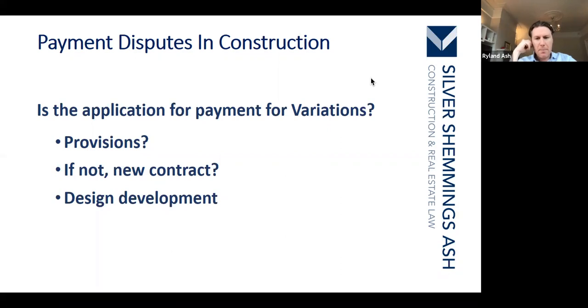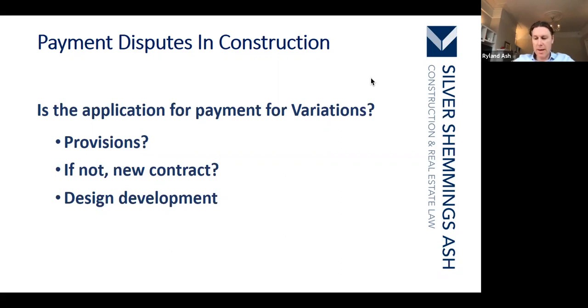So if you have got variation provisions, then obviously you start with the definition of what a variation is, and we'll look at that in a moment in the JCT context. And you need to ensure that whatever you're claiming for fits that definition. And if it doesn't, then I'm afraid you won't be entitled to make a claim for such a variation unless you can get some form of agreement, as I say, separately.